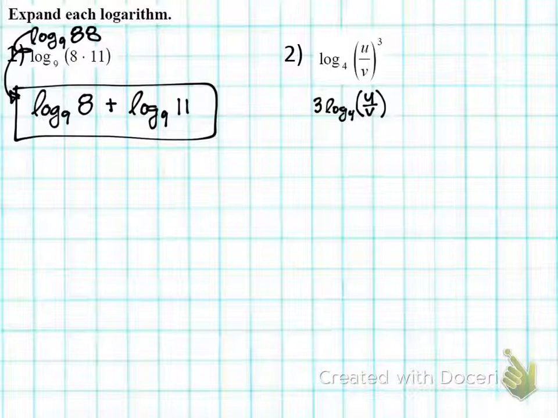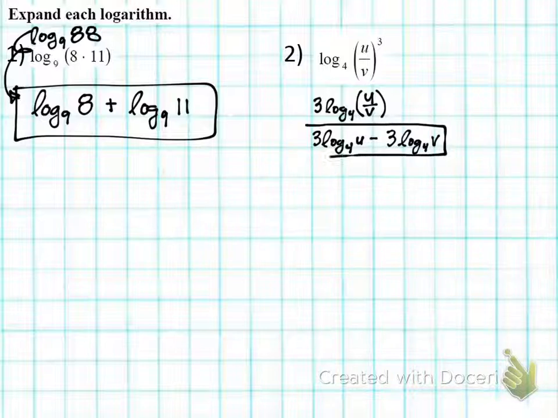I'm going to keep the coefficient of 3, so it's like saying 3 times log base 4 of u minus 3 times log base 4 of v. We can't do anything else, so that's your expanded form. That's your answer.